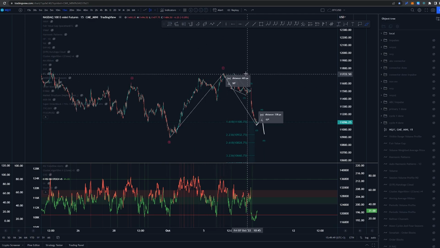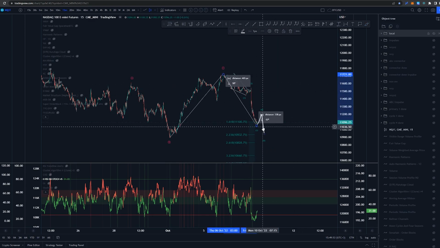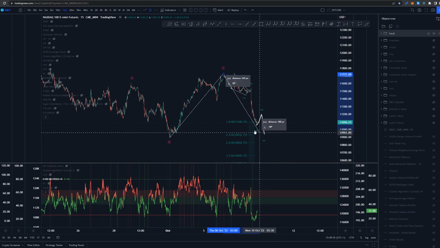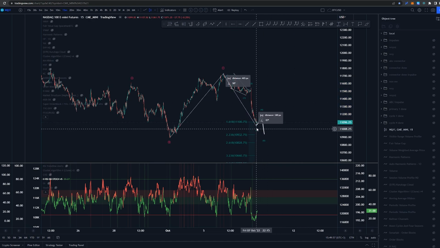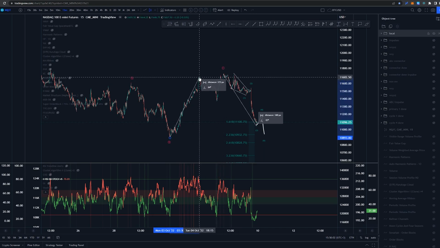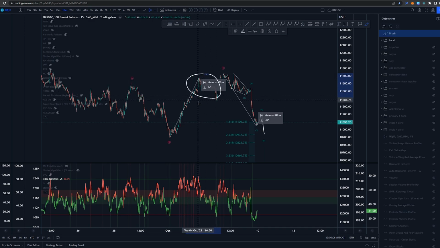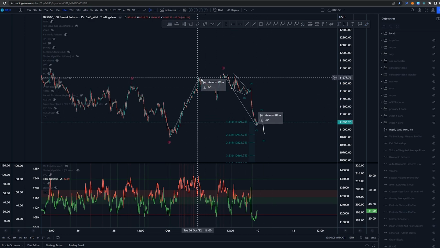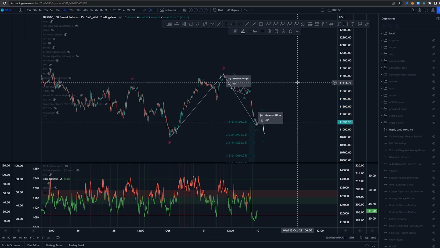So it is at the moment looking like it is stronger to the downside, but however, again, this might be just the end of the 3rd wave. And if we are comparing that to the exact structure over here, we can see that this is actually way more angled than the current structure we have here, as it is not finished yet.